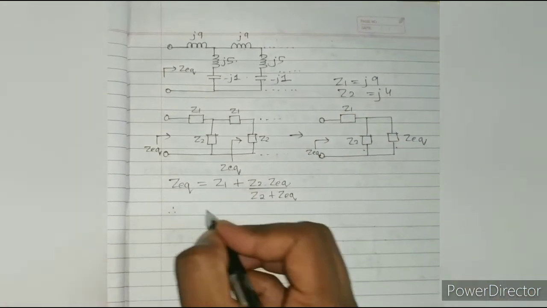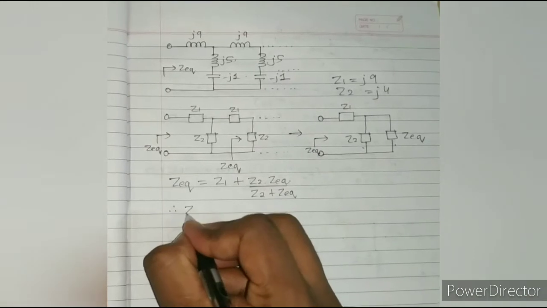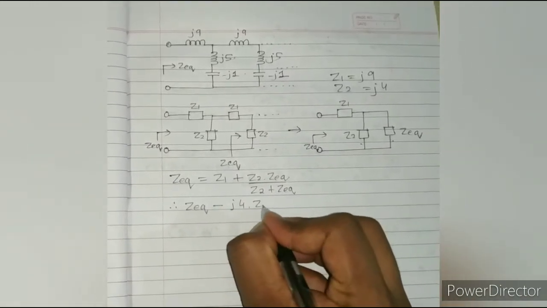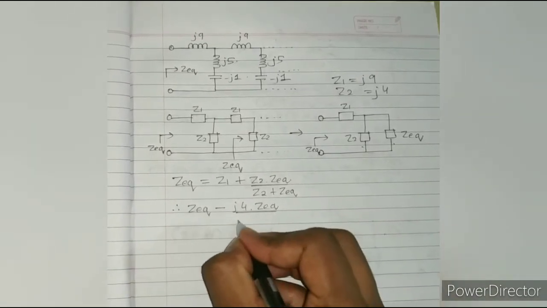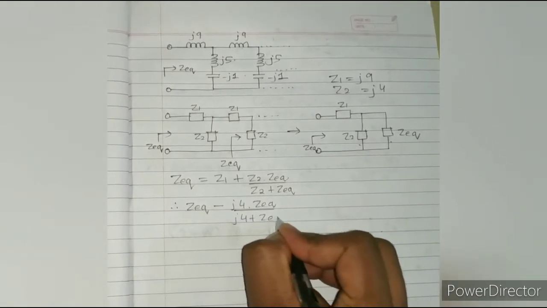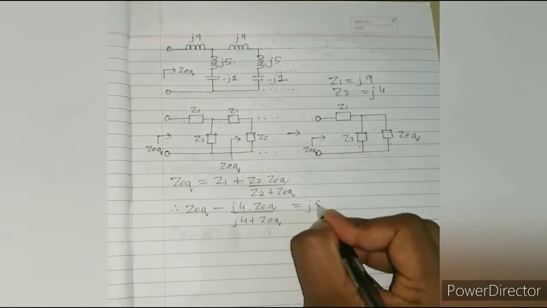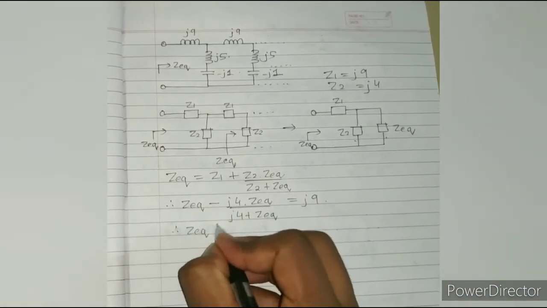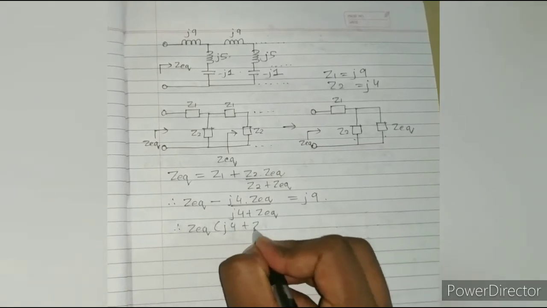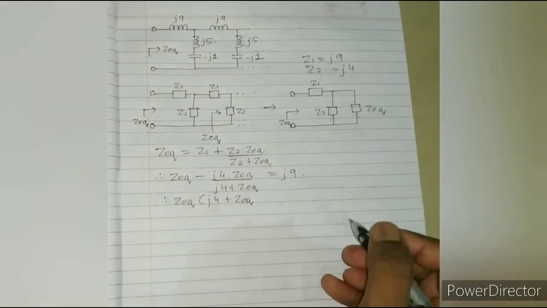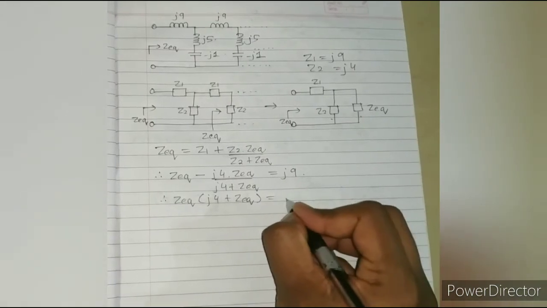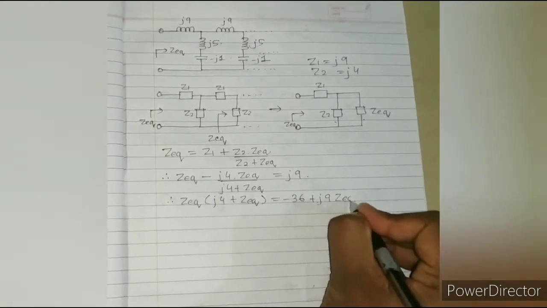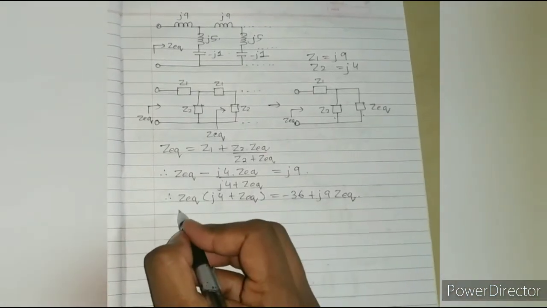So Z equivalent is J9 plus J4 into Z equivalent upon J4 plus Z equivalent. Therefore Z equivalent into J4 plus Z equivalent is equal to minus 36 plus J9 into Z equivalent.